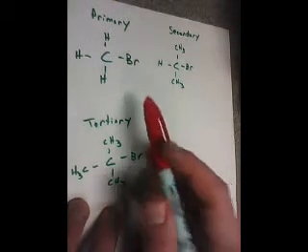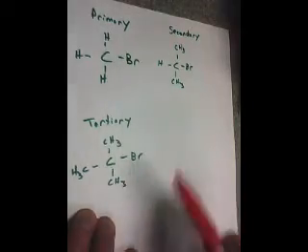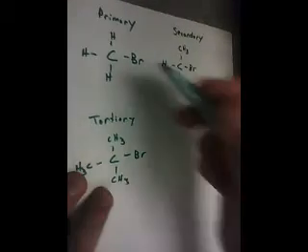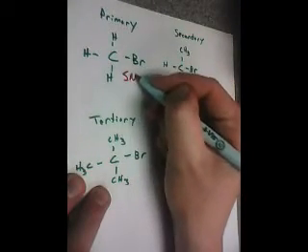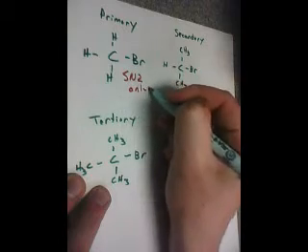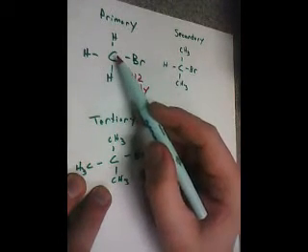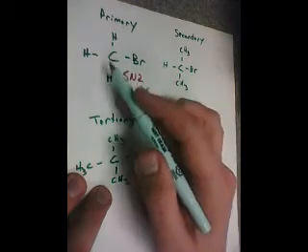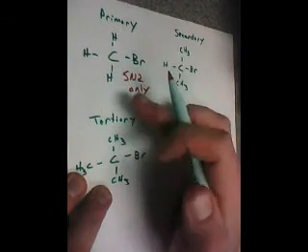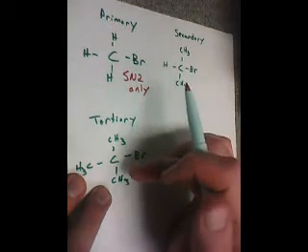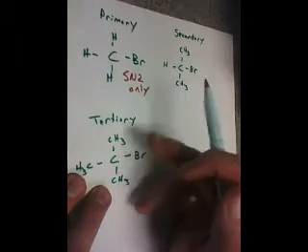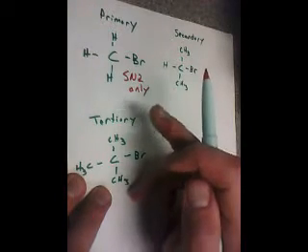When we're dealing with primary halogen alkanes, this is going to be SN2 only. Basically, primary carbons are not able to stabilize the carbocation that forms via an SN1 mechanism. So look back at that if you forgot about how that mechanism works.